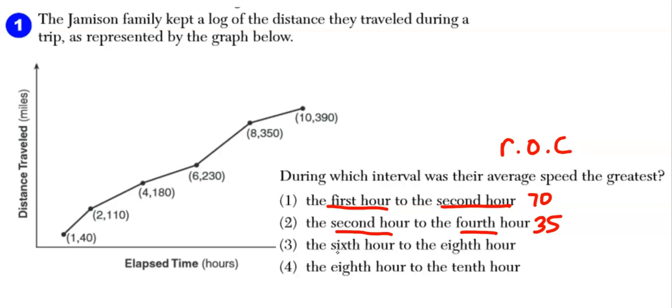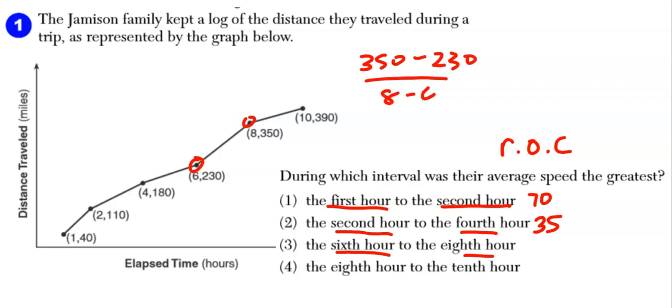The next option is from the 6th hour to the 8th hour. That would be these values here. So 350 minus 230 over 8 minus 6, which is 120 over 2, which is 60.